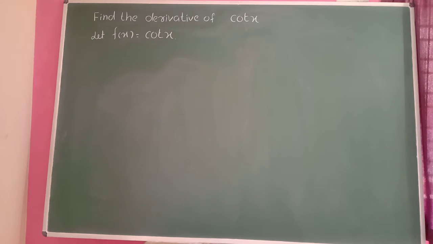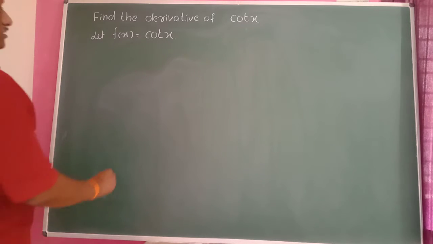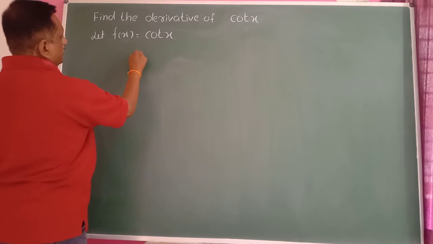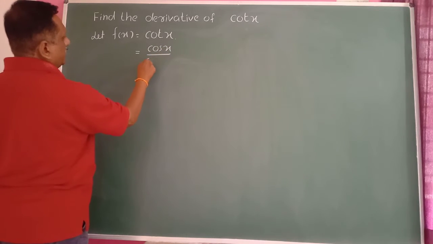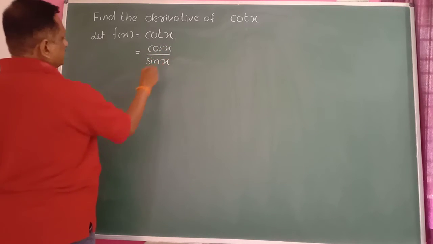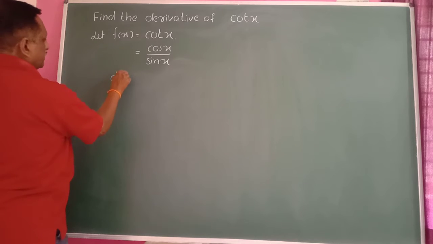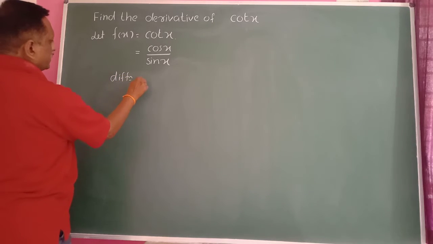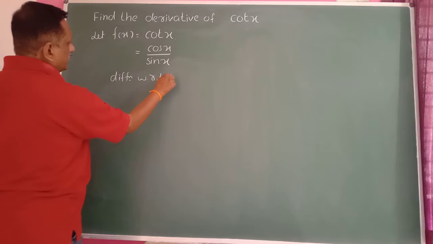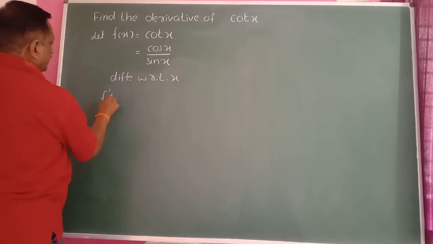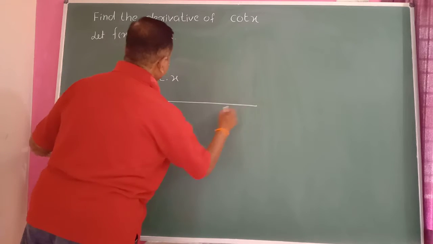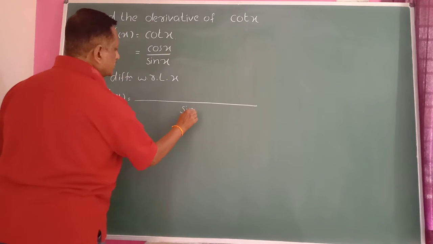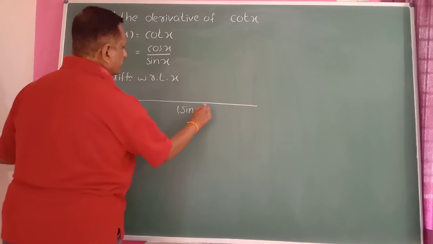So find the derivative of cot x here. Cot x can be written as cos x divided by sin x. Then differentiating with respect to x, f dash of x is equal to denominator term square, sin x whole square.